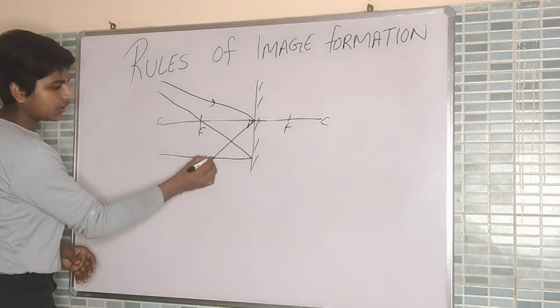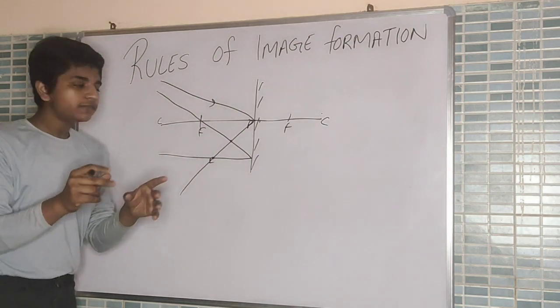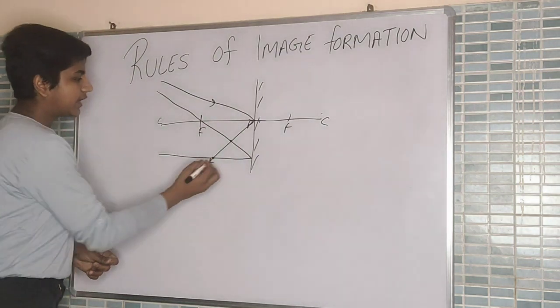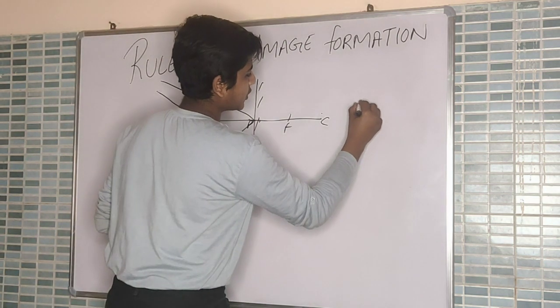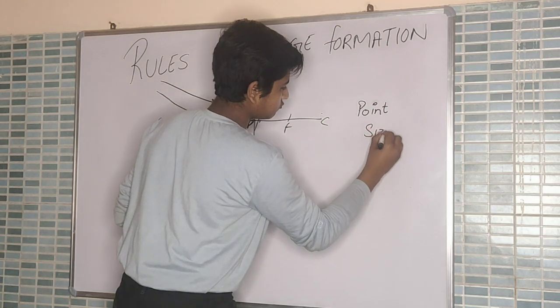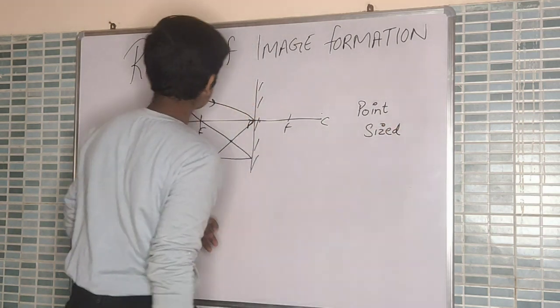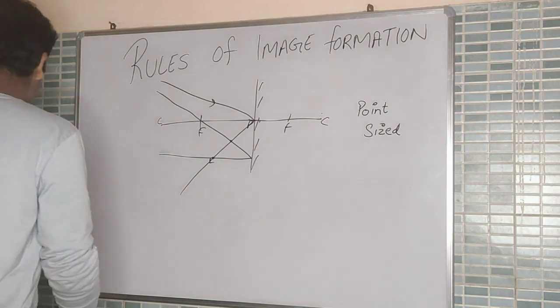The image can be here or it can be said here as well, because it is meeting first at this point, and we can see that it is a point-sized image. And hence this is why we take 2 or more than 2 rays of light to make an image.